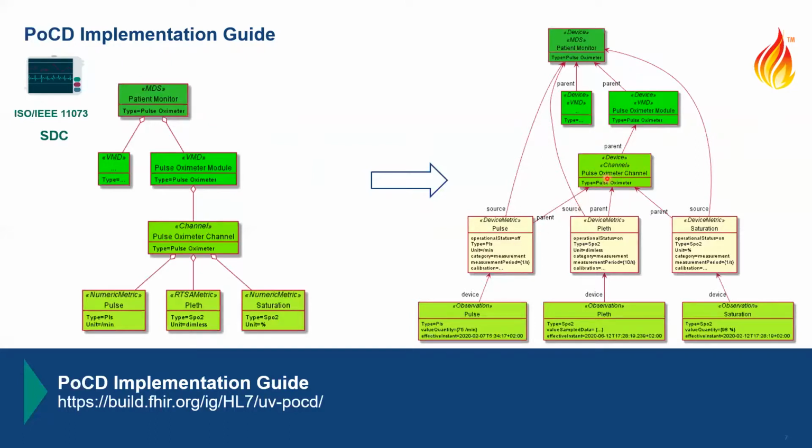Then below that, we have a so-called device metric, which references this channel, as well as the source where they belong to. The device metric is a layer that is introduced because it basically shows the capabilities of the devices.